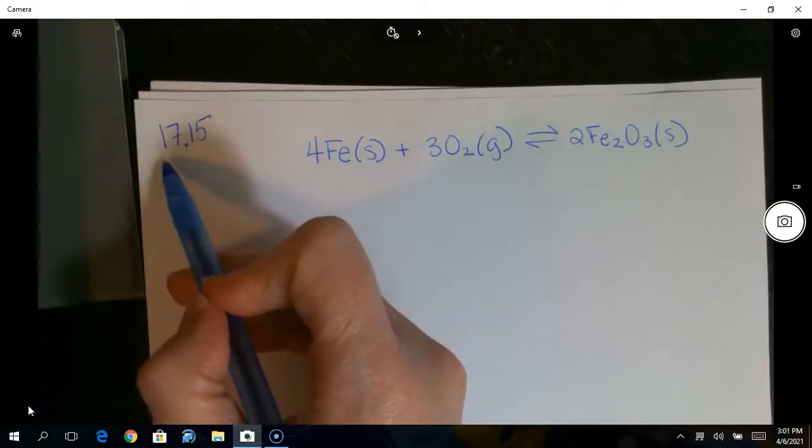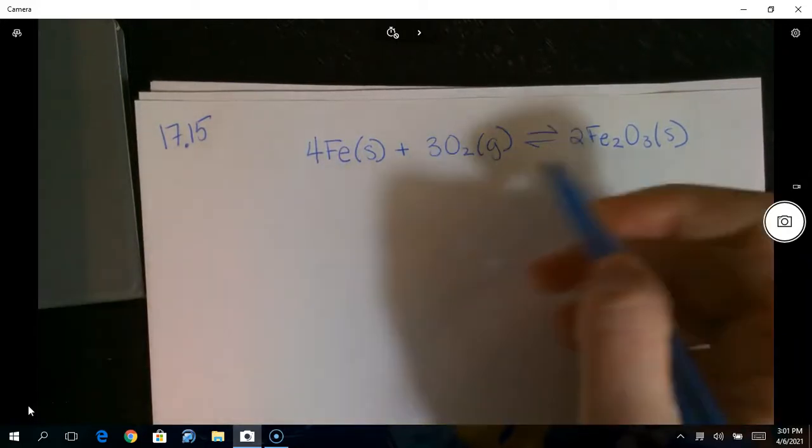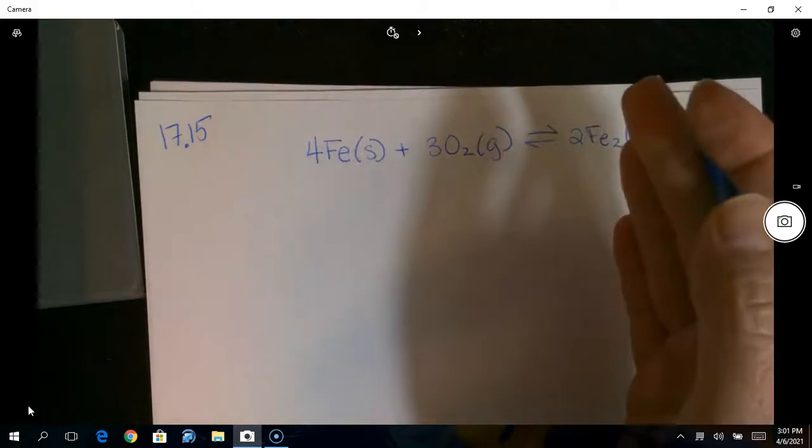In our last problem, 17.15, we've got iron combining with oxygen to make iron oxide, or rust.